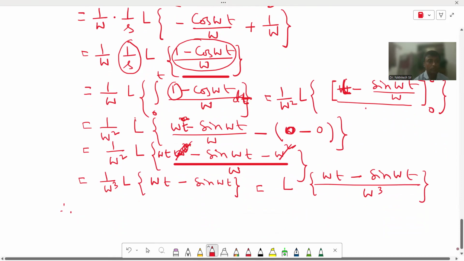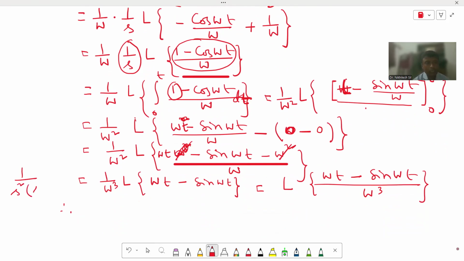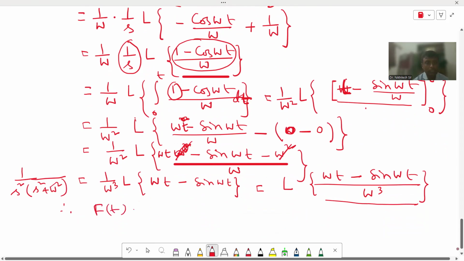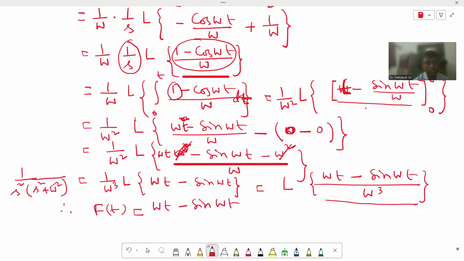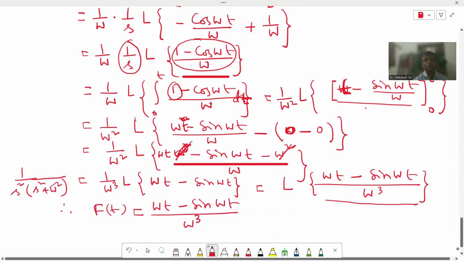Therefore, in the left hand side, what is F(s)? 1 by s square plus omega square. Okay. What is f(t)? So now this becomes f(t). Therefore, f(t) is equal to omega t minus sine omega t divided by omega cube. Okay, clear?